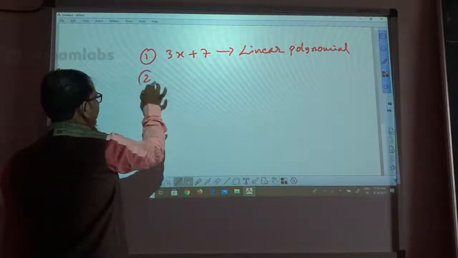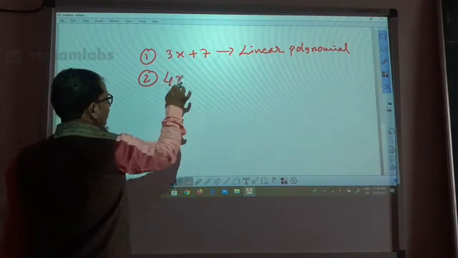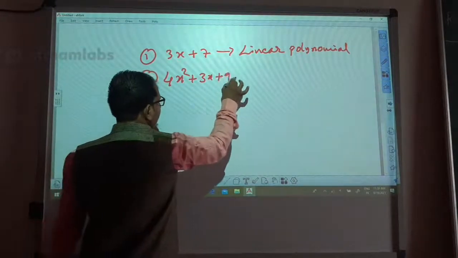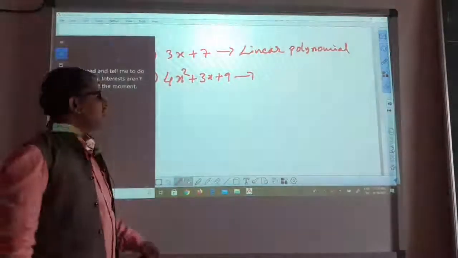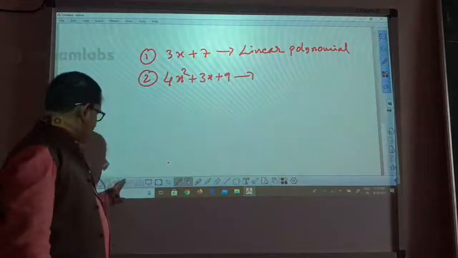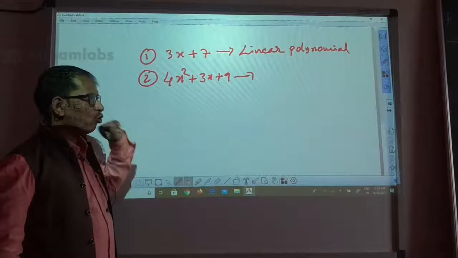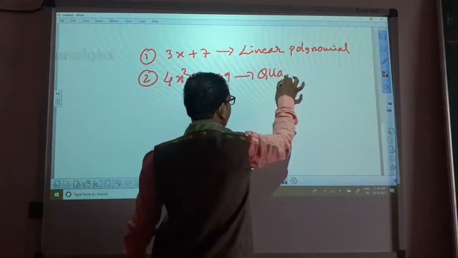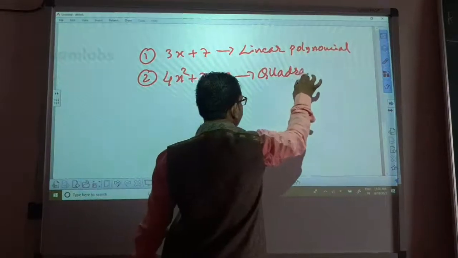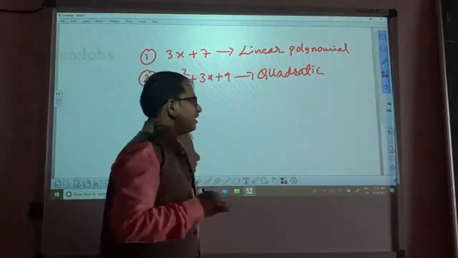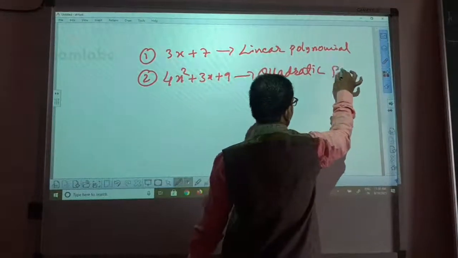If you write 4x square plus 3x plus 9, here the highest power is 2. So we can call this a quadratic polynomial.